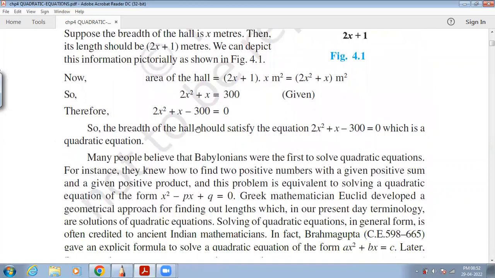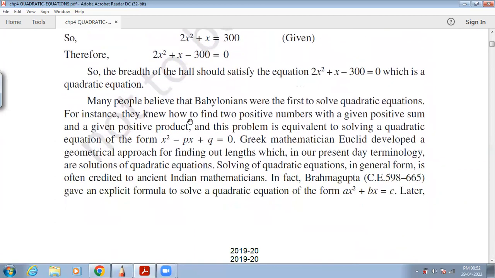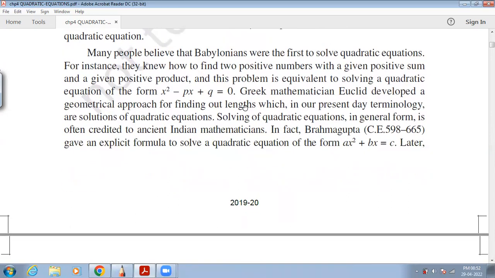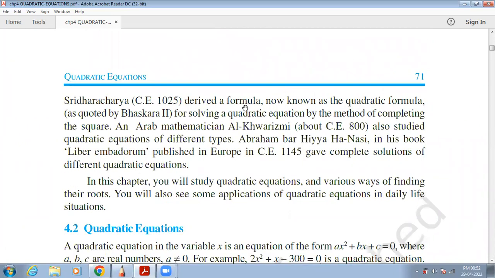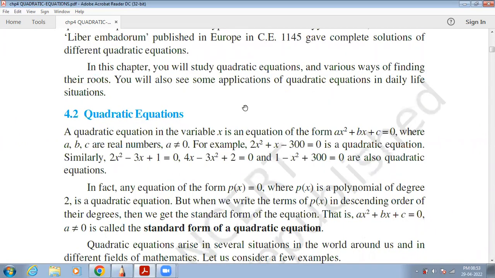So the breadth of the hall should satisfy the equation 2x squared plus x minus 300 equals 0, which is a quadratic equation. Okay, this is history. No need to study this much. Just directly skip.